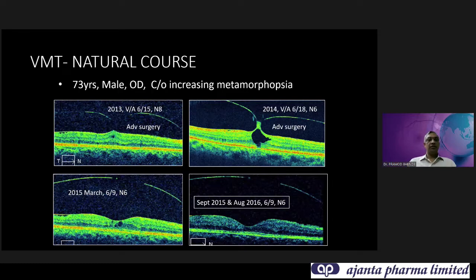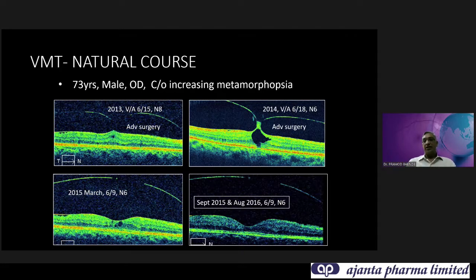And look at this case, a 73-year-old male. In 2013, we saw him with his right eye vision of 6/15, N8, showing a point attachment of the posterior hyaloid. Over a period, the traction increased, and vision dropped to 6/18 with some cystic changes in the macula.